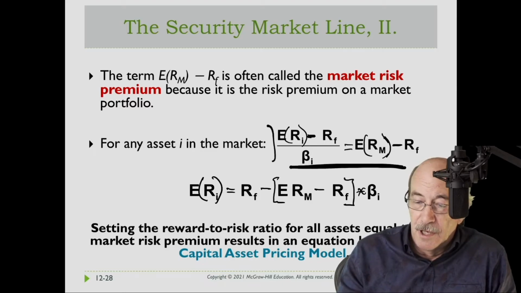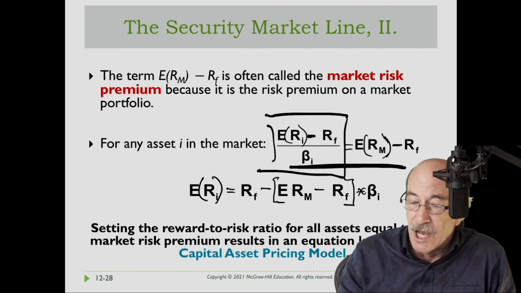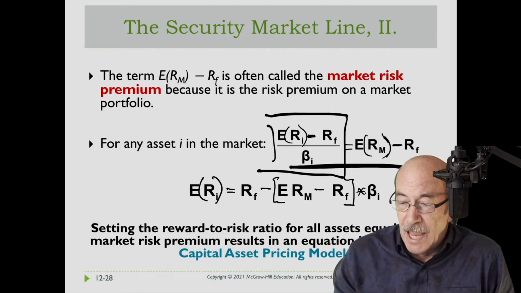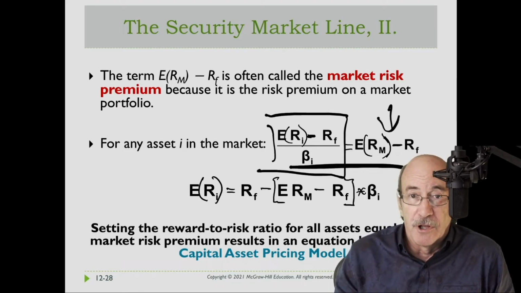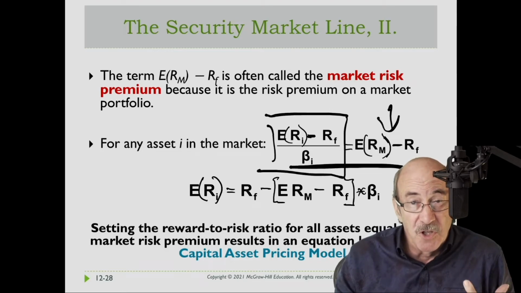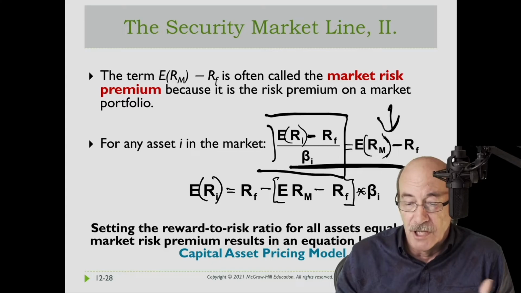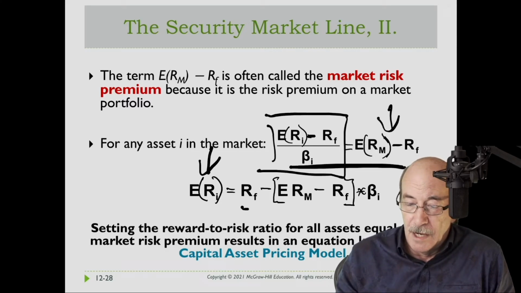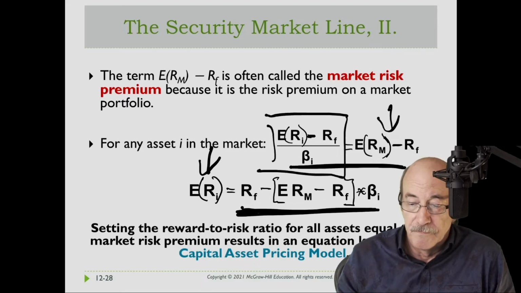The expected return on security I minus the risk-free rate divided by beta I has to have the same slope as the market portfolio. And now I'm doing a little rearranging, isolating the expected return on security I over here on the left-hand side. And I have what we all know as CAPM.